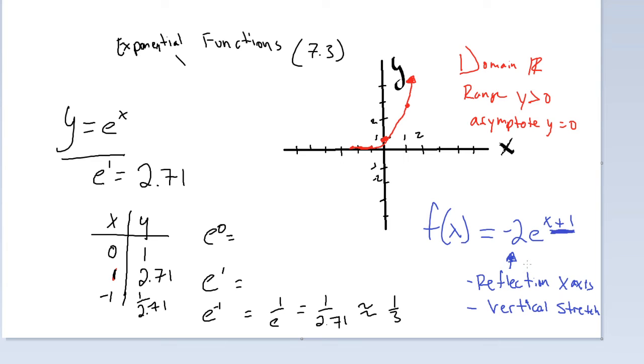Now notice how I have x plus 1 right here. That means that this is shifted. It's shifted, and I should have started with that. It's shifted to the left 1 unit. So all this right here, if I were to shift to the left, then it would be something like this.